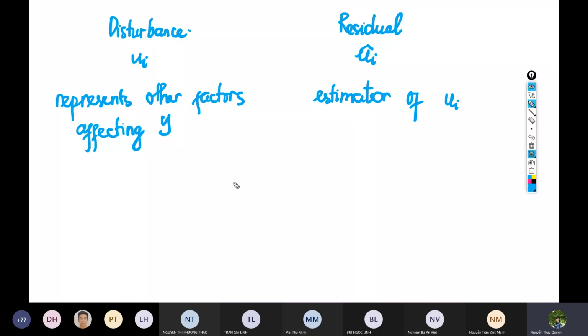Now what are the other differences? I think the disturbance ui is called the stochastic disturbance or the error term.